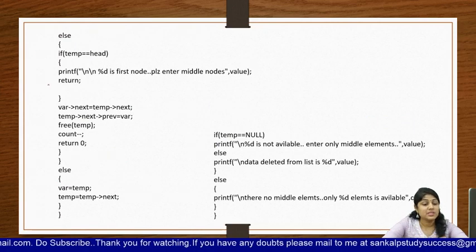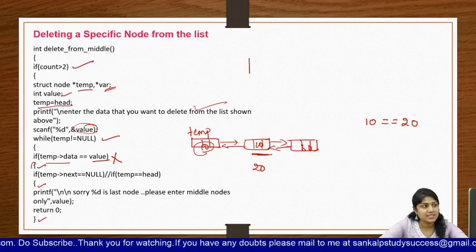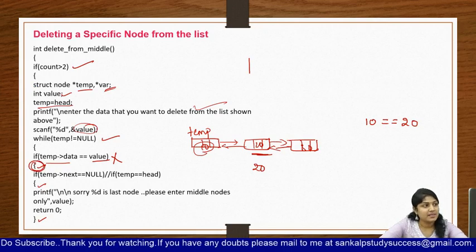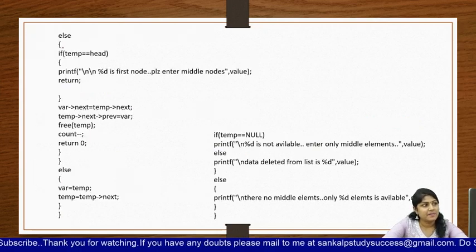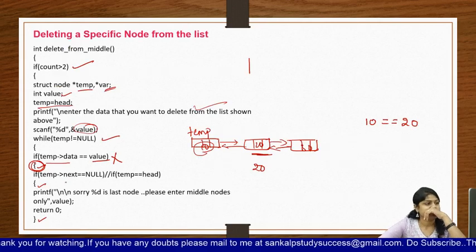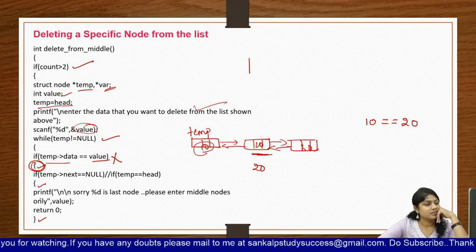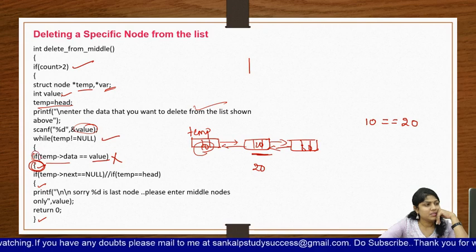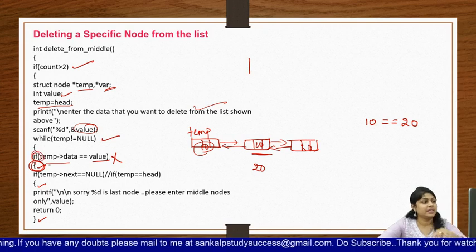Here this will not execute, right? This loop will not execute. Now else block is there. In else block, what will happen? This block will not execute, right?